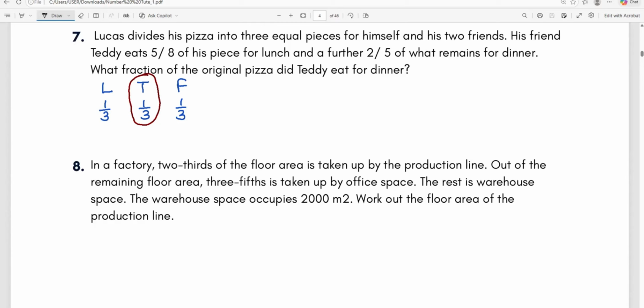The piece is 1/3, so from this piece he eats 5/8. Then we can find the amount he eats for lunch, and a further 2/5 of what remains for dinner.